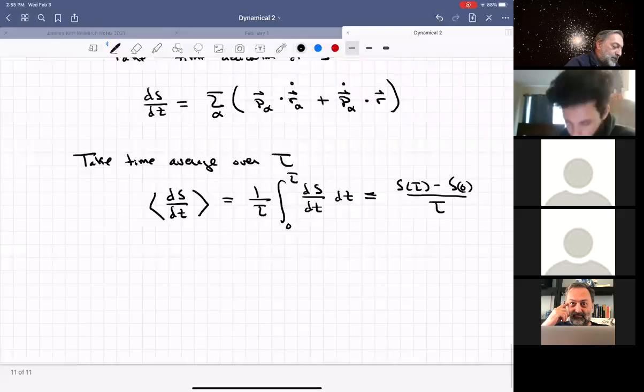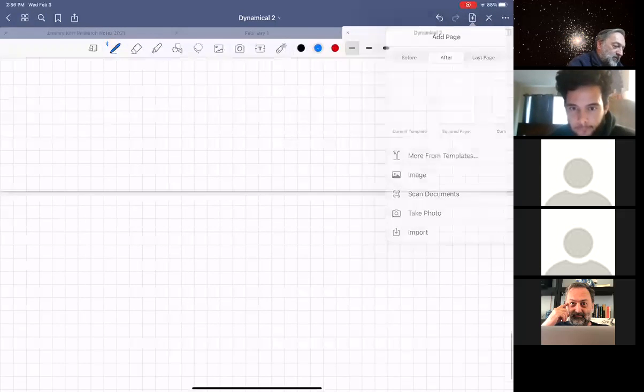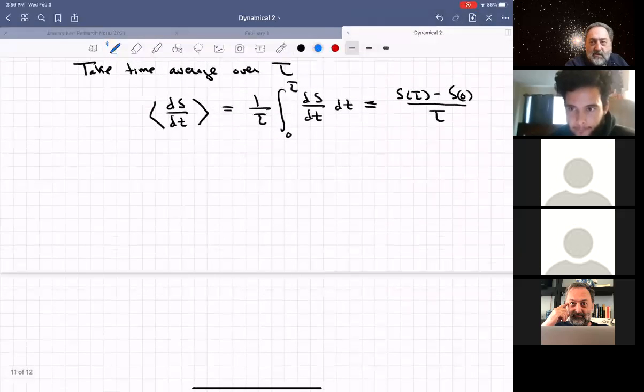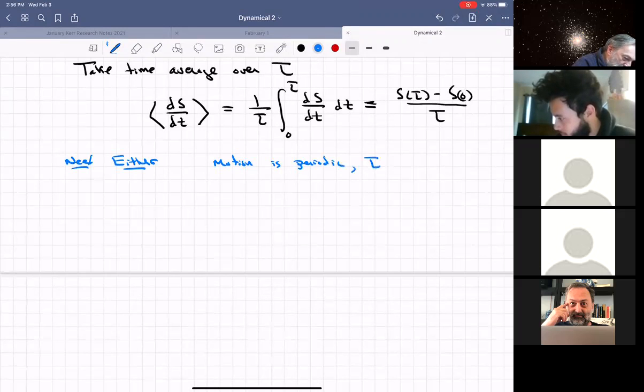Now, I'm going to give you two arguments, either of which needs to be true. Either the motion is periodic with tau being the period.